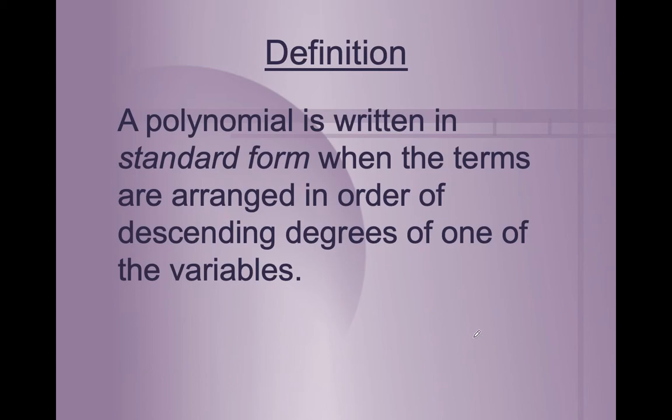The polynomial is written in standard form when the terms are arranged in order of descending, or going down, degrees of one of the variables. So notice here, this is going in descending order based off of the exponents of the variables. Our variable is x, and it's going in descending order. X cubed, x squared, x to the first power, and guess what?